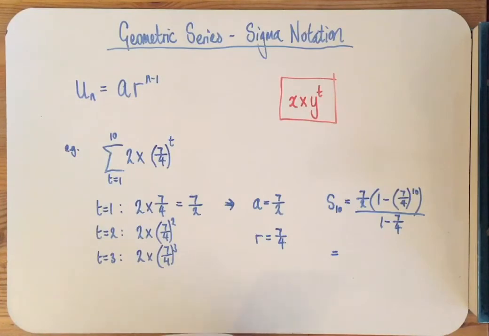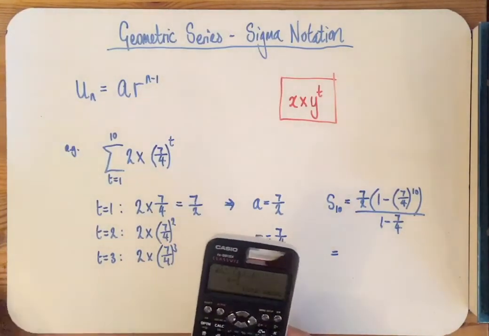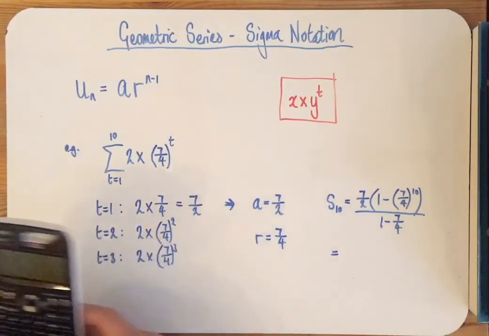So I want 7 over 2, lots of 1 minus, lots of brackets with this, 7 over 4 to the power of 10, close brackets, all over, and you can literally just chuck that into a calculator carefully. It's a fatal error for getting the wrong answer when you're a maths teacher. Right, I'm pretty sure it's 1252.5.